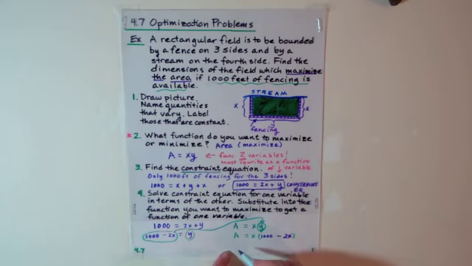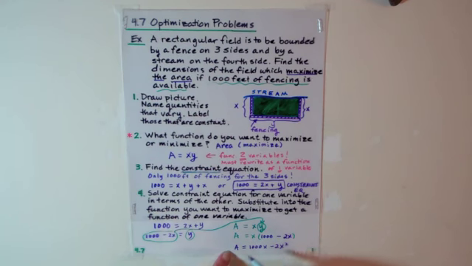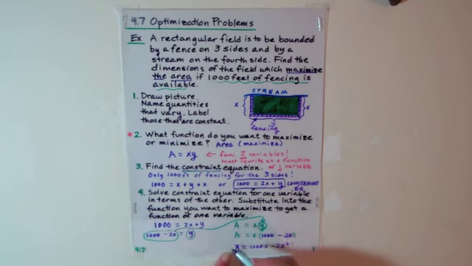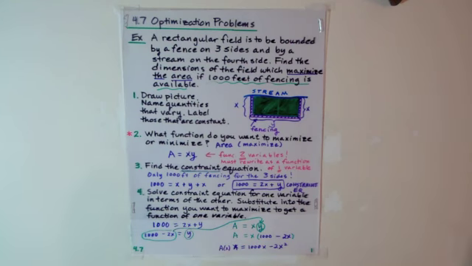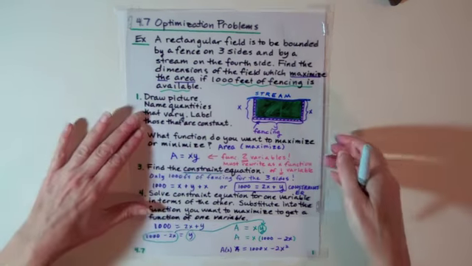I could even multiply it out if I want to. A would be 1,000x minus 2x squared. And sometimes we even write, instead of A here, we'll write A of x, because it's now a function just of x. Well, let's go to the next page and see what step 5 is.